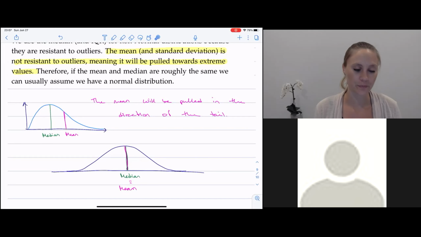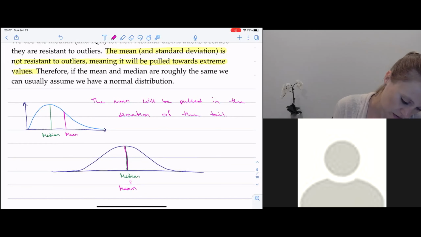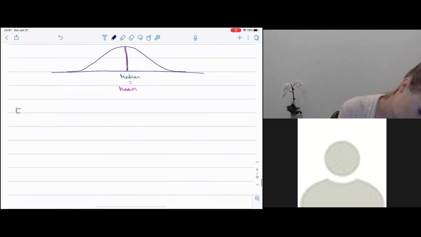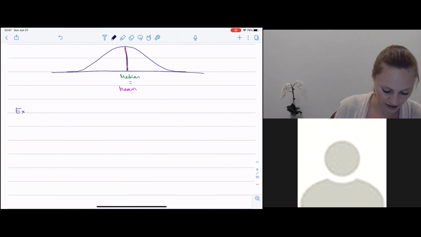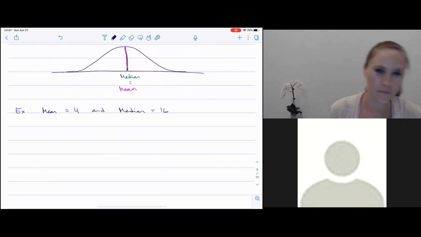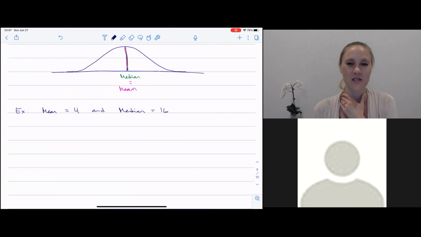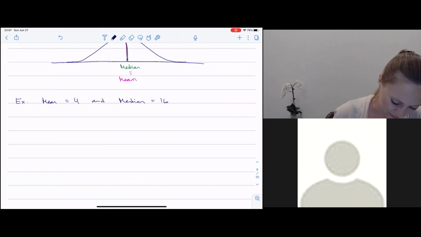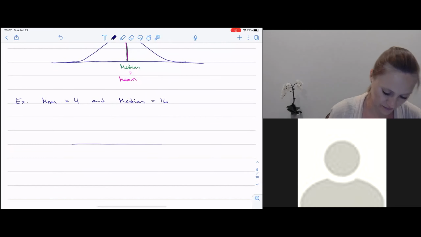Okay, so for a quick example, just so we can flex our knowledge here, if the mean is 4 and the median is 16, what does that distribution look like, right?